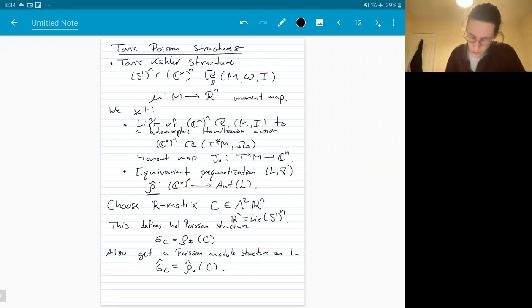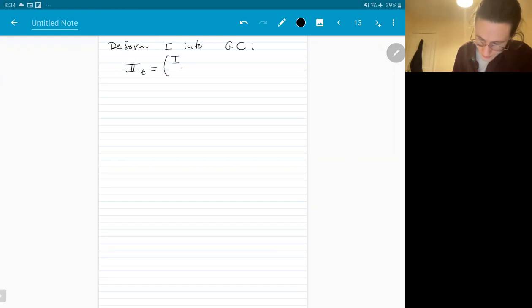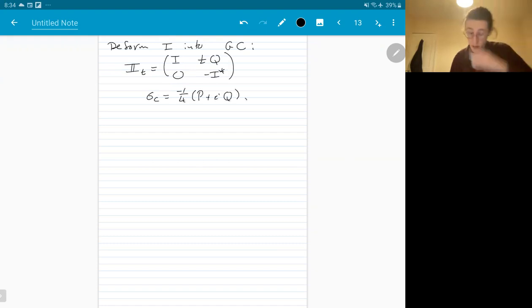So now what we have from this is all of the ingredients to deform. Remember, a holomorphic Poisson structure allows us to deform I into a GC structure. So let's call this I sub T, which will be this GC structure, where sigma C is written as maybe of this form. Okay, so that's a deformation of the GC structure.